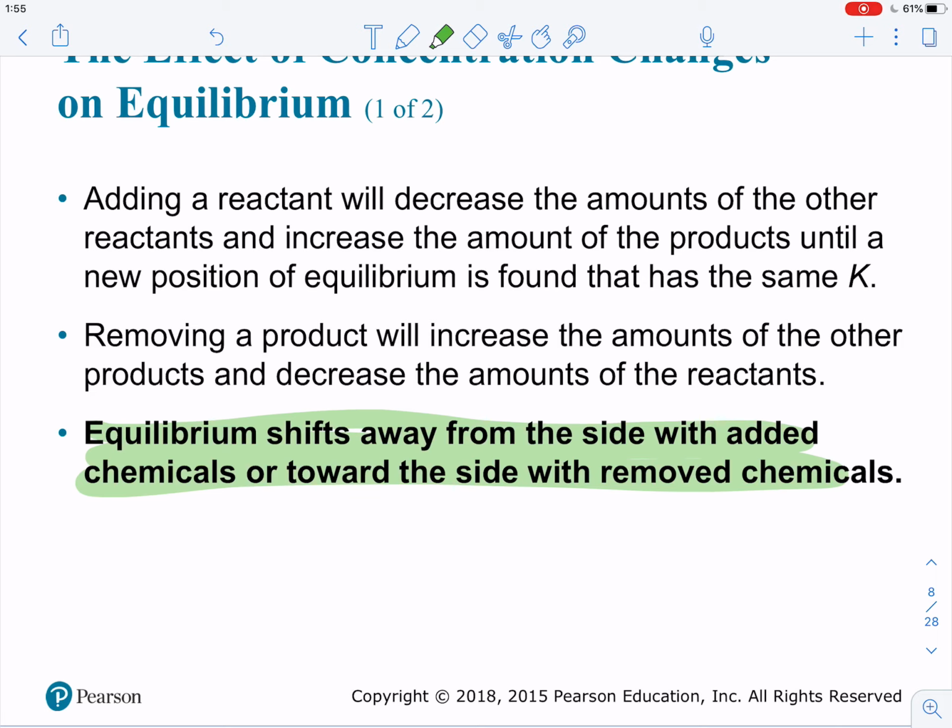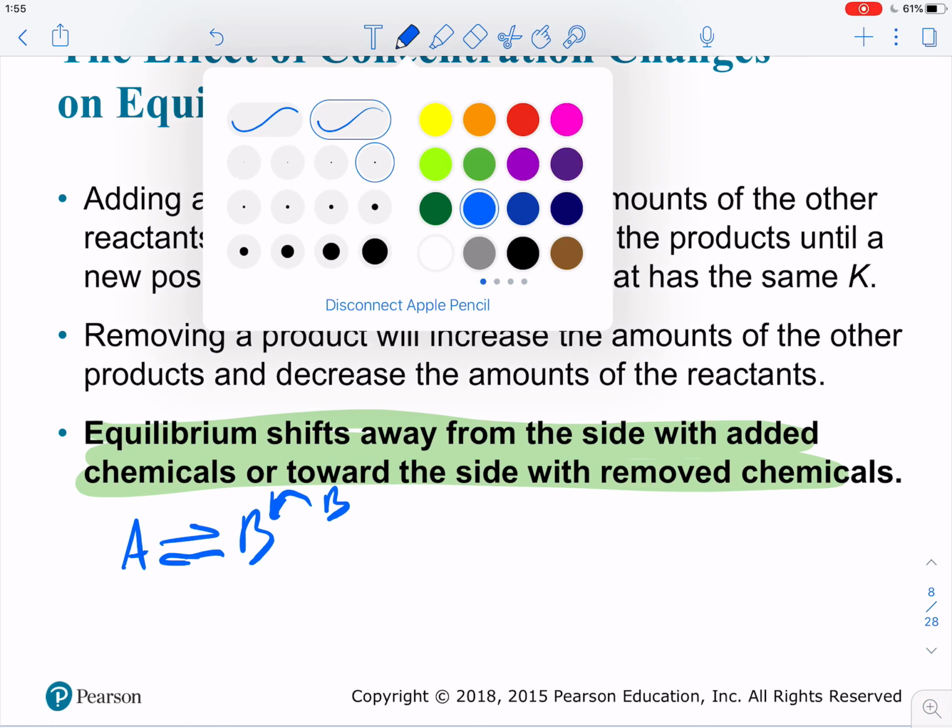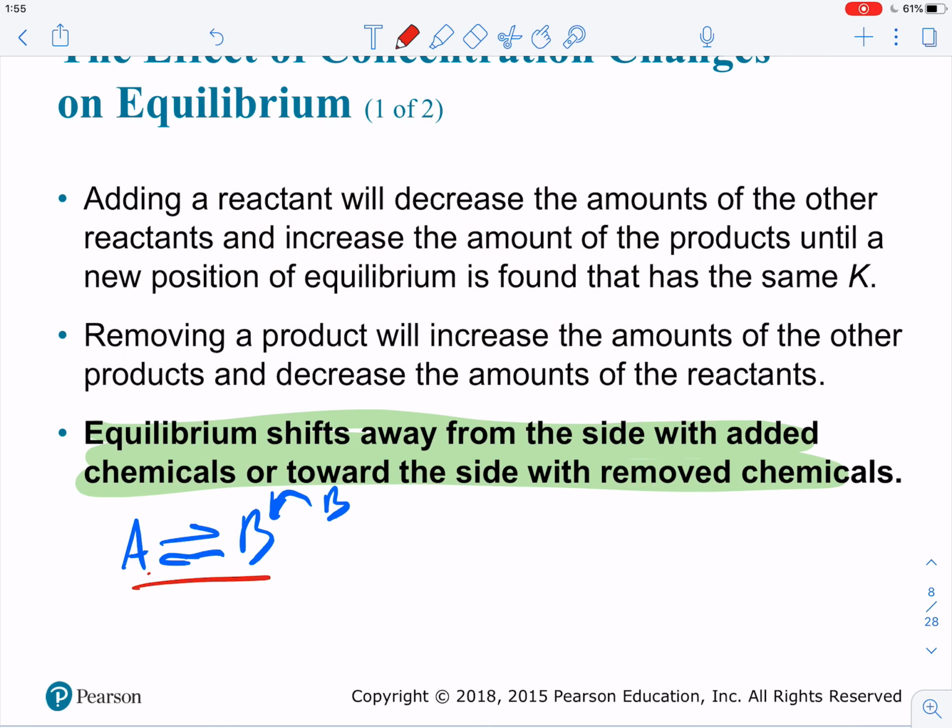So let's take a look at that. We have A that goes to B, okay? And let's say that we add more B. You are adding more B, therefore your equilibrium will move away from that point.